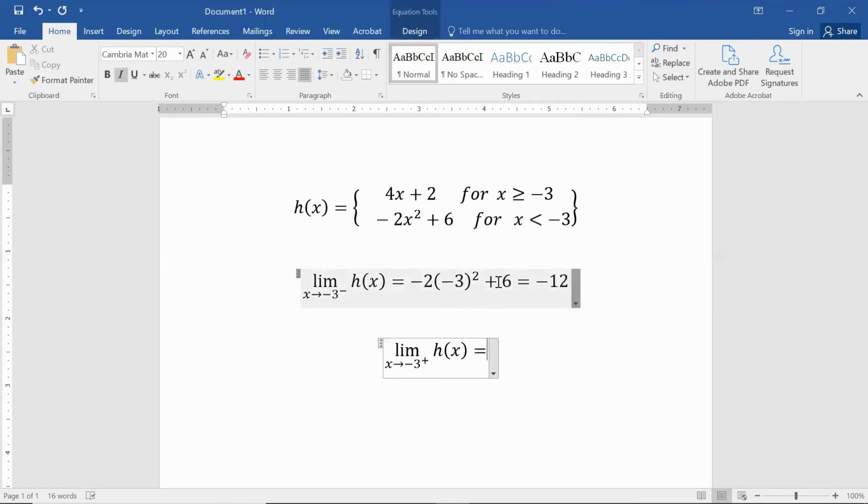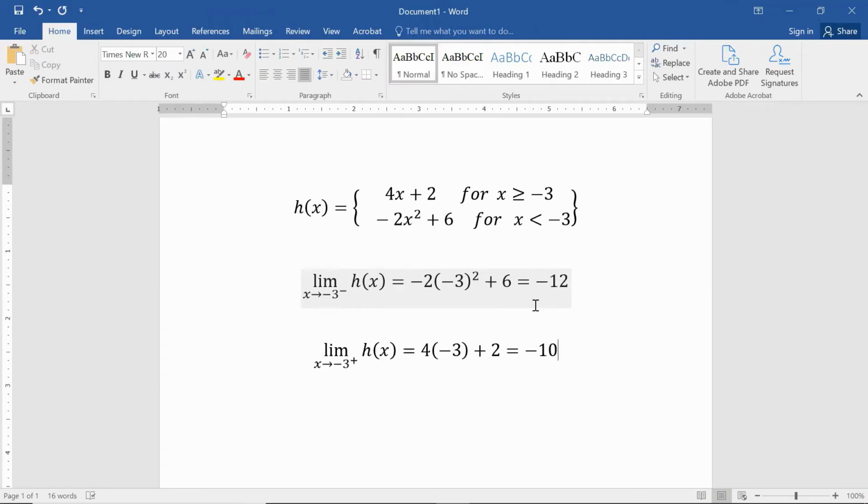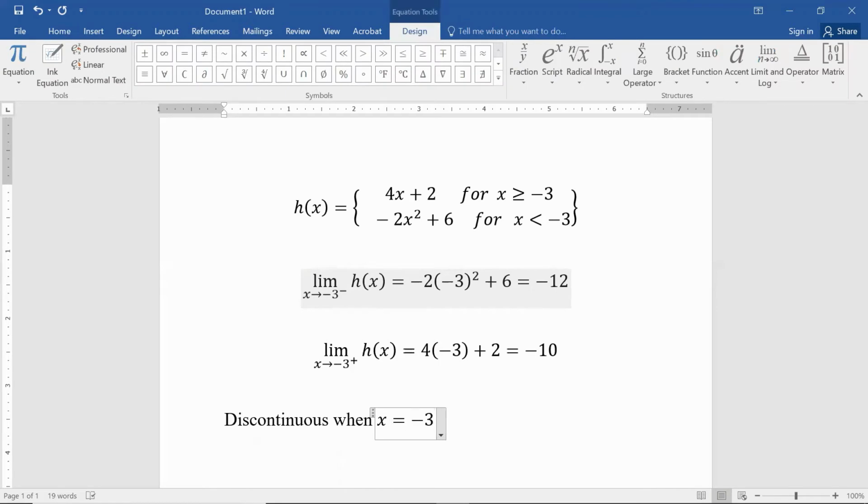The right-hand limit is going from above, so I can plug in -3 into my 4x plus 2. And I end up with -10. So what's that mean? Well, that means the limit does not exist. And therefore, we are discontinuous when x is -3.